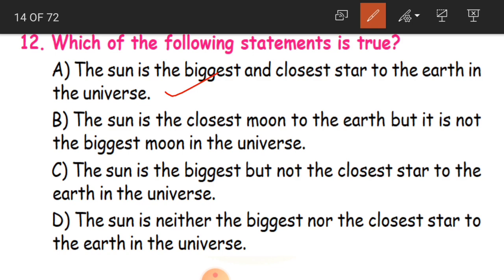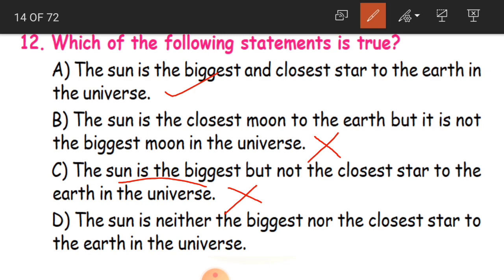Second one, the sun is the closest moon to the earth, but it is not the biggest moon in the universe. So wrong, because the sun, first of all, is not a moon. It is a star. C option, the sun is the biggest but not the closest star to the earth in the universe. This is also wrong because earth stands in third place.